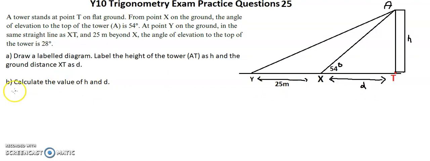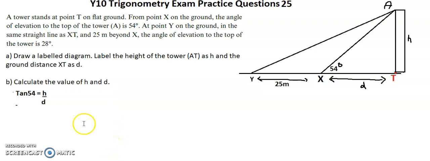I'll start off with the following. I've got tan 54 degrees is equal to H over D.